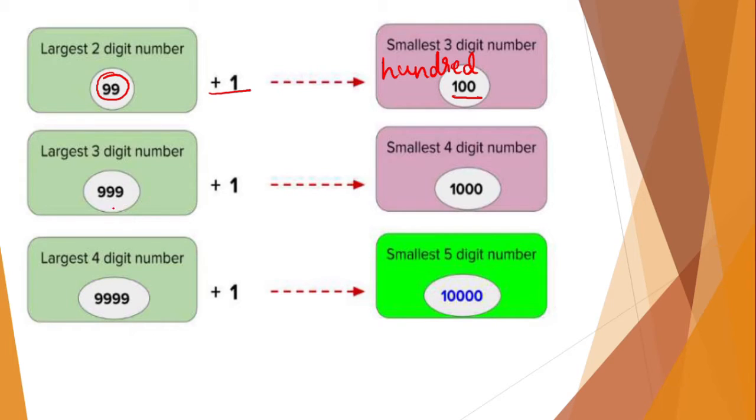And we have the largest three-digit number, which is 999. You all know, right? 999 is the largest three-digit number. When we add 1 to it, we get the smallest four-digit number, which is 1000.